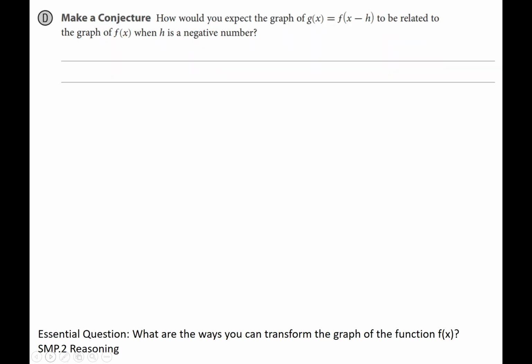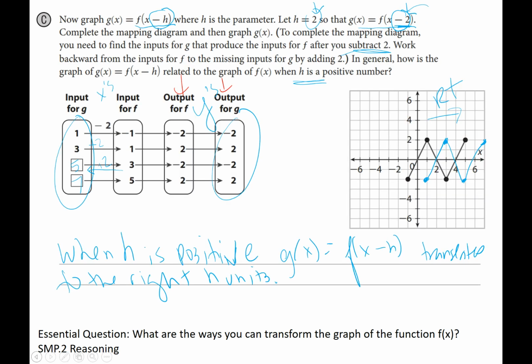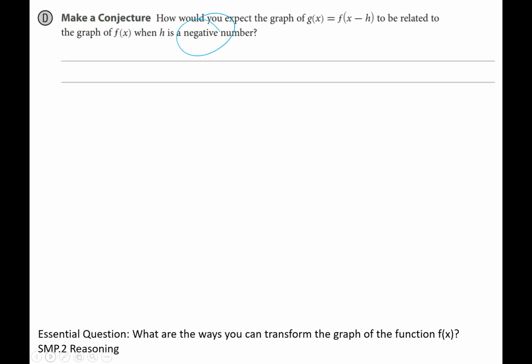All right, so they're going to ask us to make a little bit of a conjecture. How would you expect the graph of g of x equals f of x minus h to be related to the graph of f of x when we have a negative number? Well, like we saw in our first part of the Explore, it had an opposite effect when we changed the sign. So when it's positive, if it goes to the right, if it's negative, it should translate the other direction. It should translate to the left. So we're going to write that out.